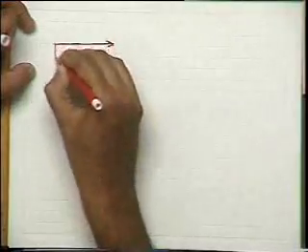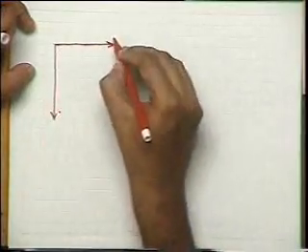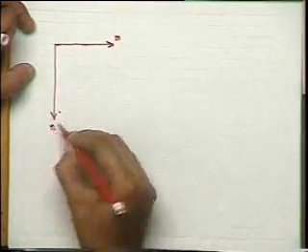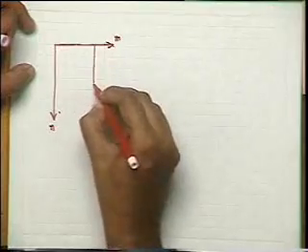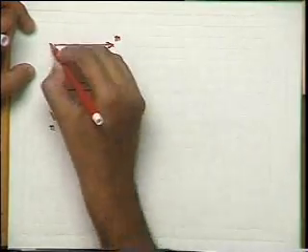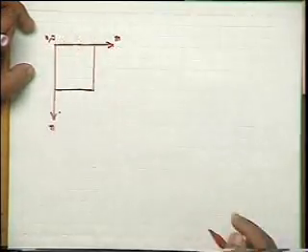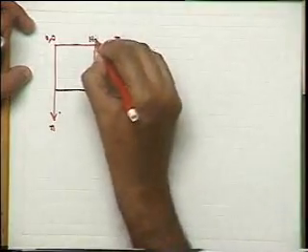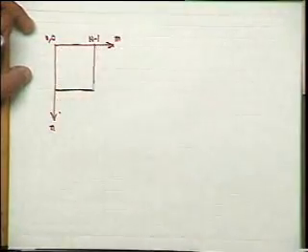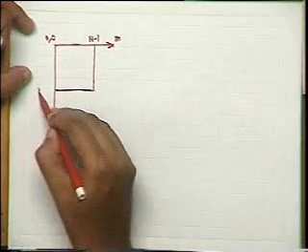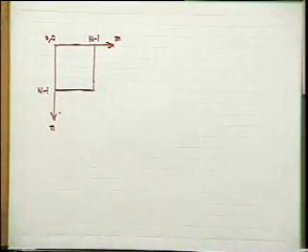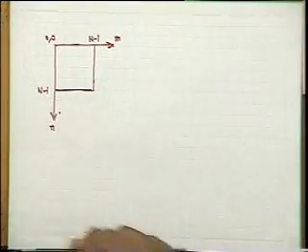So pictorially, the original image is defined in m and n. If this is the 0 0, that is the origin, we were going up to n minus 1 pixels in the m direction and n minus 1 pixels in the n direction.